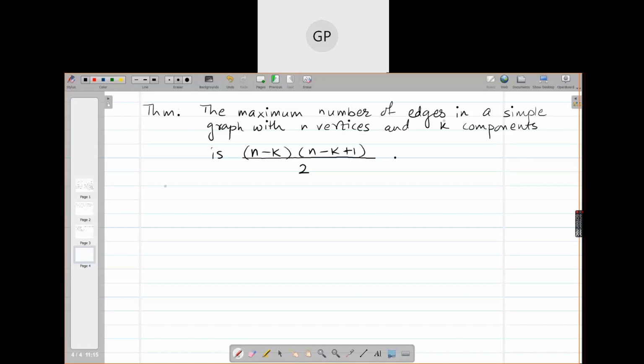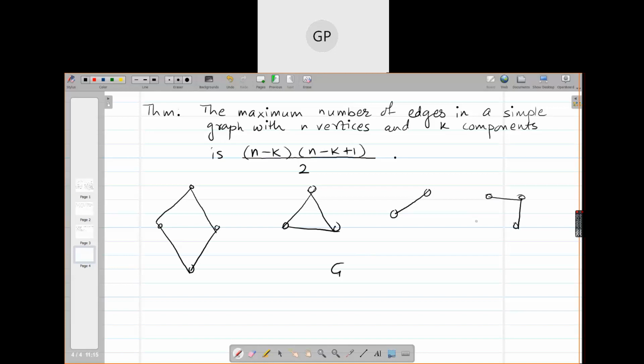Now let us just verify this theorem, then we will have the proof. Let us see the meaning of this theorem first of all. So this is a graph G I am considering.